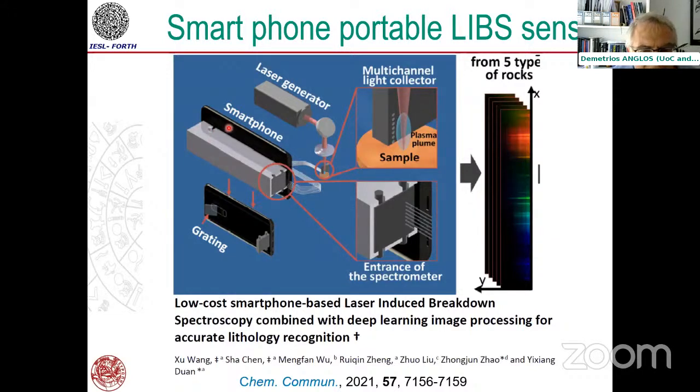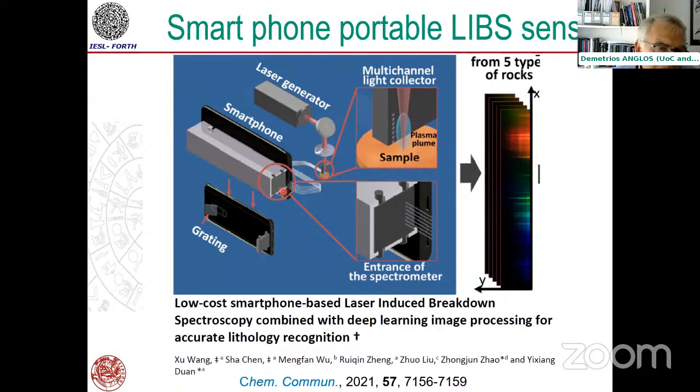By calibrating the pixel number of the smartphone camera with certain known lines, one can actually get spectra. You see spectra more or less here. They can get spectra of the plume emission, the plasma emission, and identify various minerals.